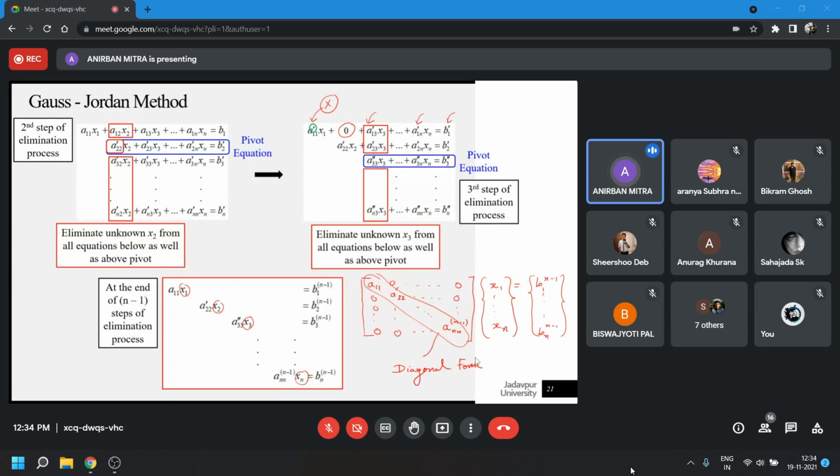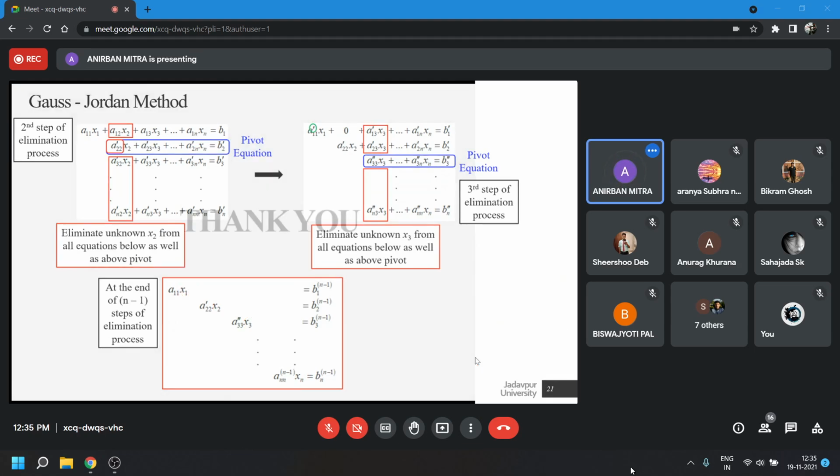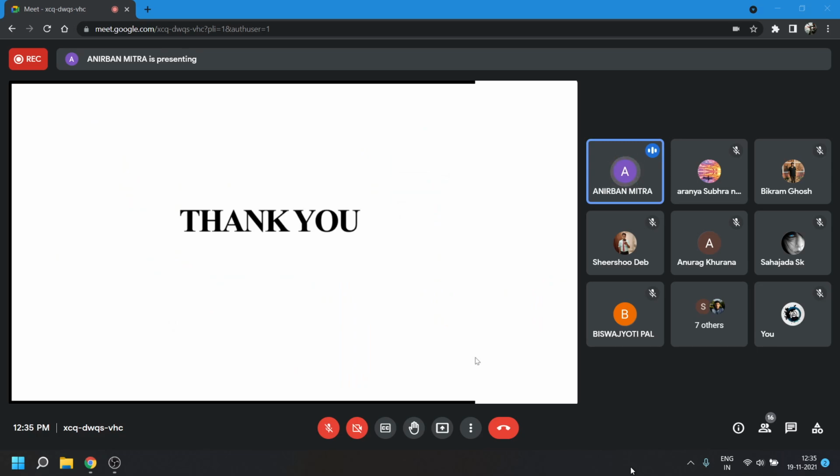So that is how the Gauss-Jordan method actually works. That brings us to the end of the discussions regarding the elimination procedures, that means the direct methods. In the next class, we will discuss about the iterative methods. And that's all for today's class.